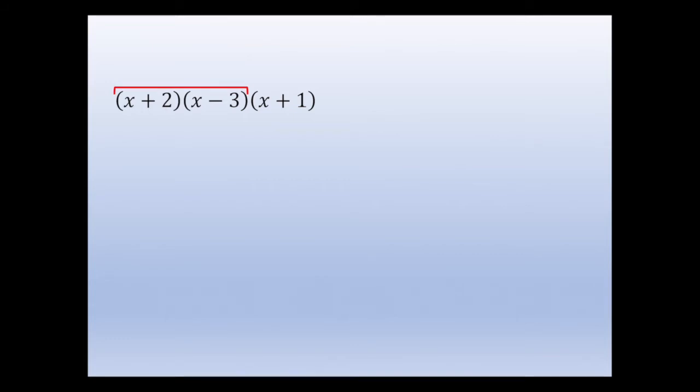Look at this example. All right, how are we going to do this? First, we could actually work out x plus 2 times x minus 3. And we know that expanding it is x squared minus x minus 6. All right, then we multiply these 3 terms by x plus 1.